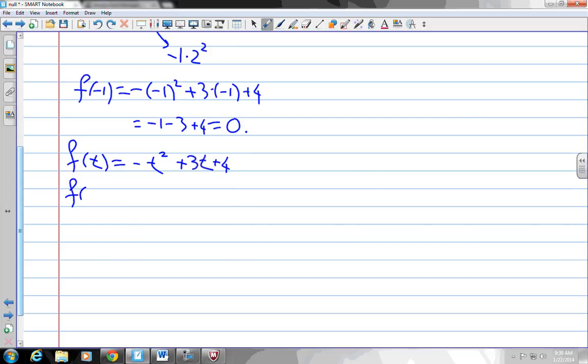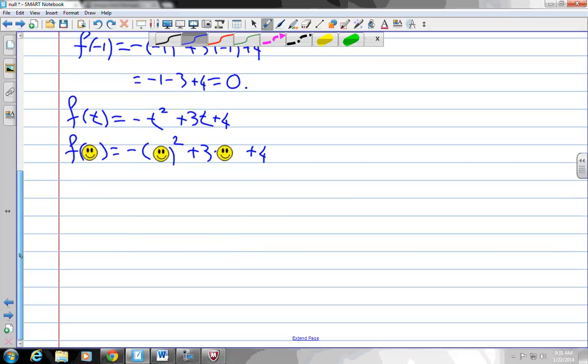So if I ask you f of smiley face, there will be a negative, about to put a smiley face in there, plus 3 times a smiley face, plus 4. It's a lot of smiley faces. But that's the idea. Whatever goes in the little parentheses replaces the x. Is that okay?